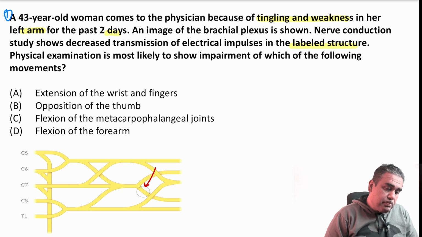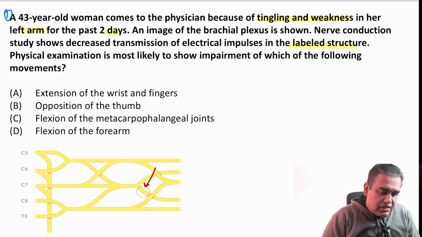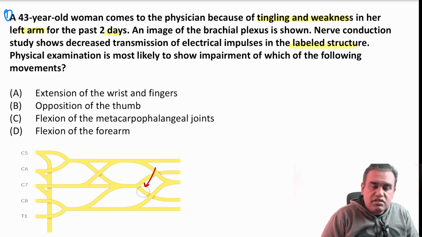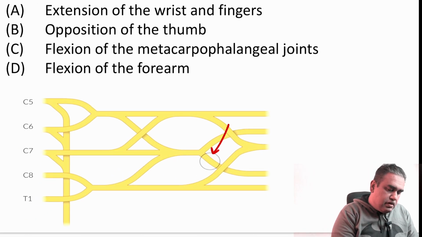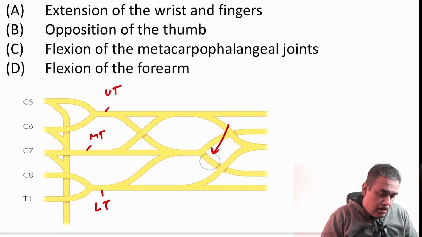Okay, very good question. So nothing specific over here, just a labeled structure. In the diagram of the brachial plexus we can see. Now let's decode the diagram, right? So this is the brachial plexus, we can very easily see. C5 and C6 they form the upper trunk, C7 forms the middle trunk, C8 T1 they form the lower trunk, right?